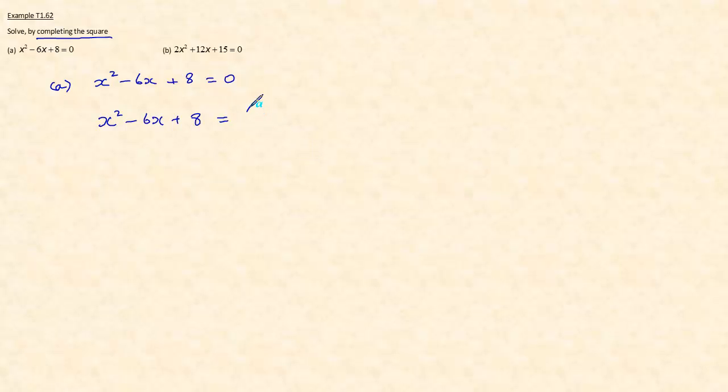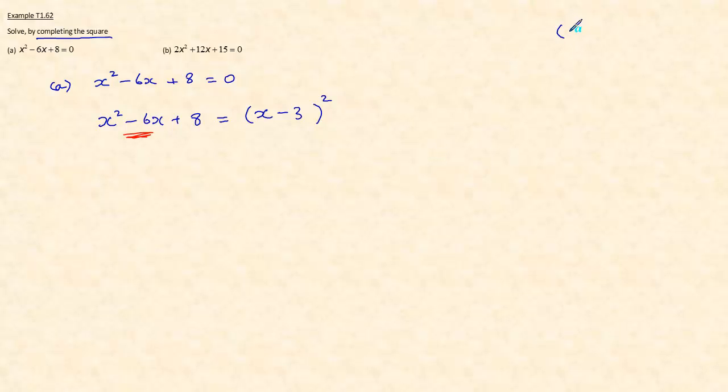So, start off with a squared bracket. Into it we put x, and then we put half of the coefficient of x, including the sign. So that's going to be negative 3.